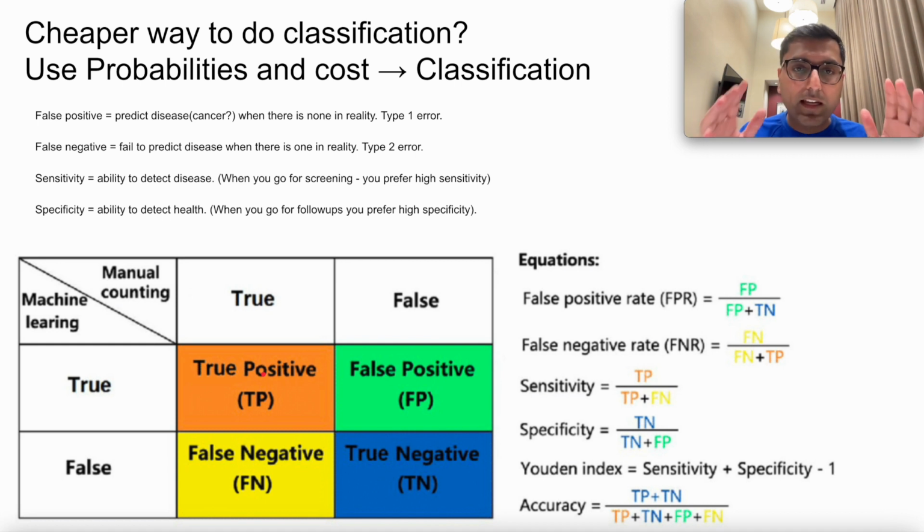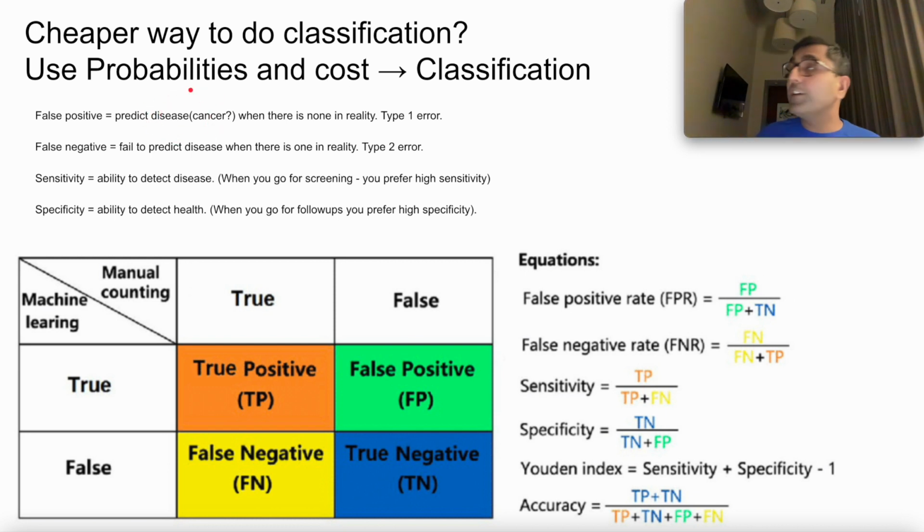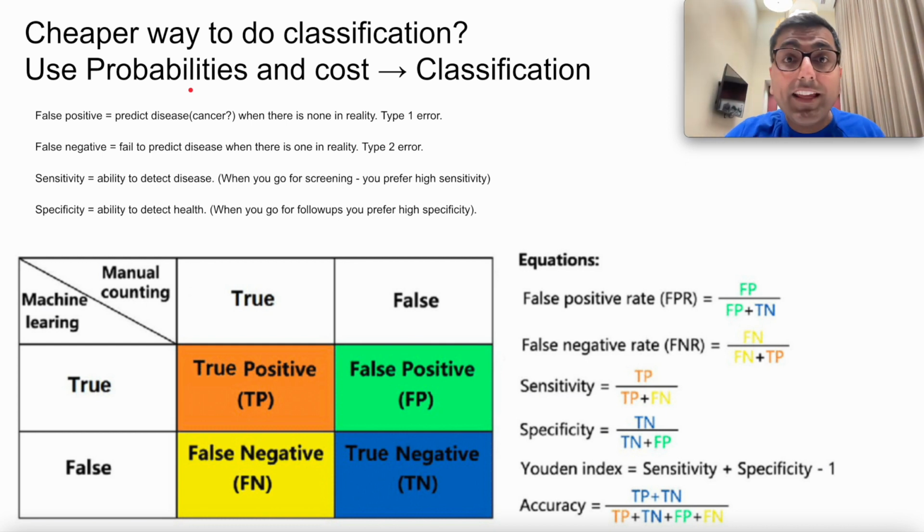So how do we do this? Let's quickly recap. What is the type 1 error? If you remember, type 1 error is false positives. So if you predict a problem or a disease when there is no disease, that's a type 1 error. You just predicted a problem when there was none.